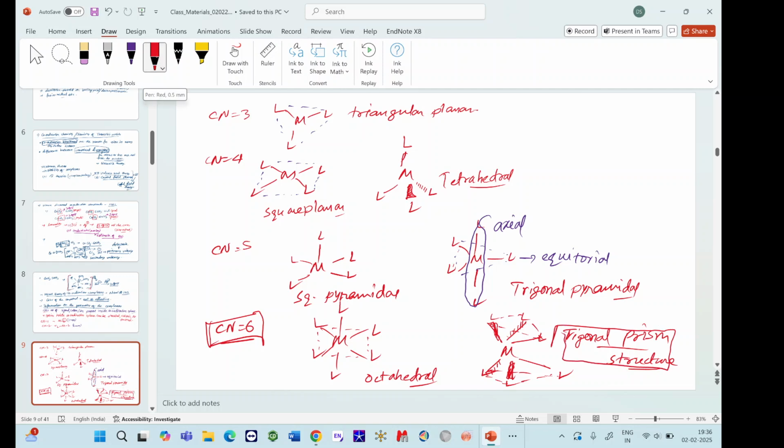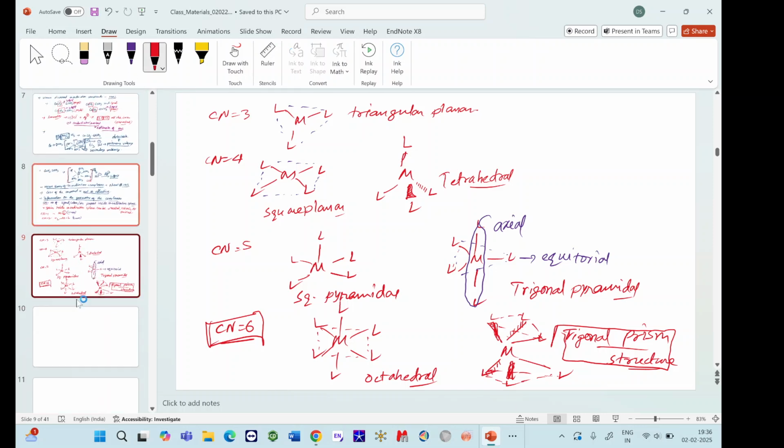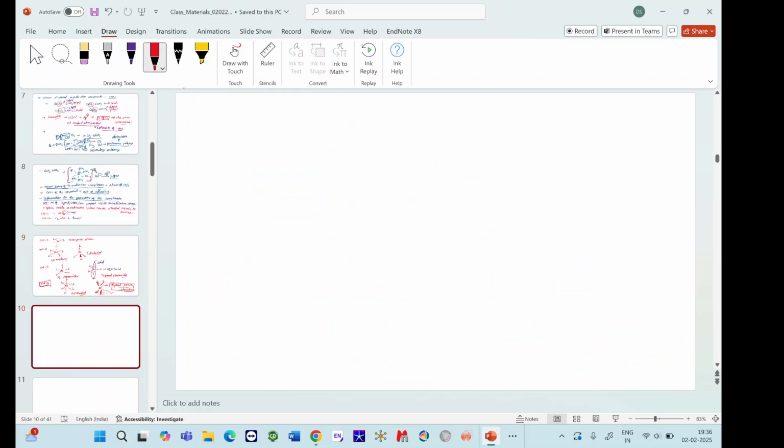Okay. If we have time, we will discuss a few systems that go to this special geometry. Then you have CN7. So after CN6, whatever more coordination numbers you can consider as, you have this octahedra.